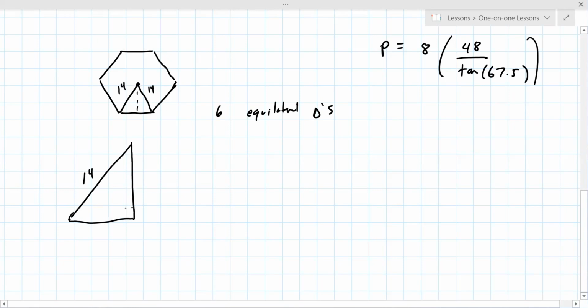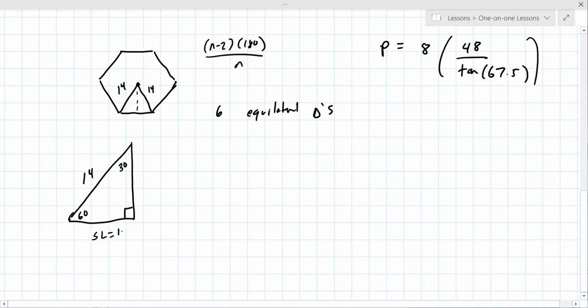This is 14, okay? And this angle right here is the one where if you do n minus 2 times 180 divided by n, because n is 6, you end up getting that this whole thing is 120. So this is 60 and this is 30, which means that this is the short leg.